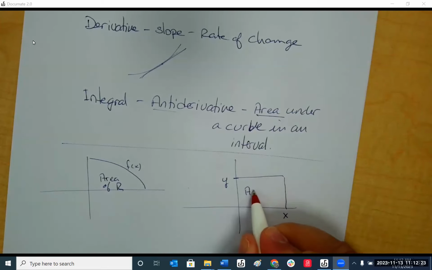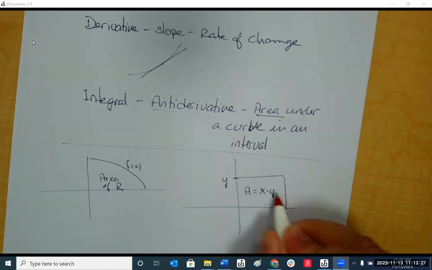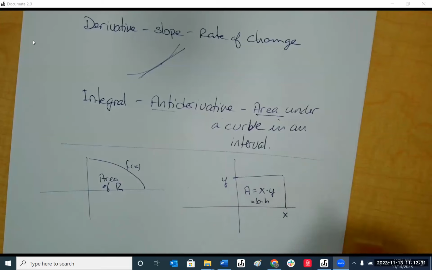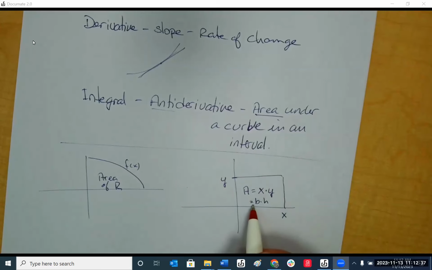So the area is simply x times y, the base times the height, right? But now what does this really mean when it says the base times the height?